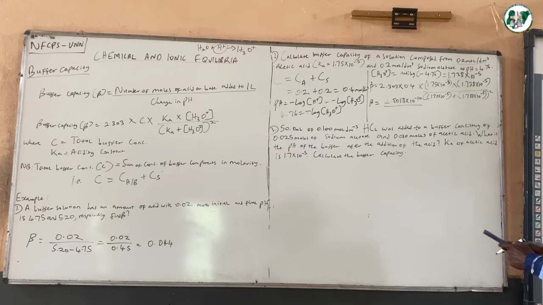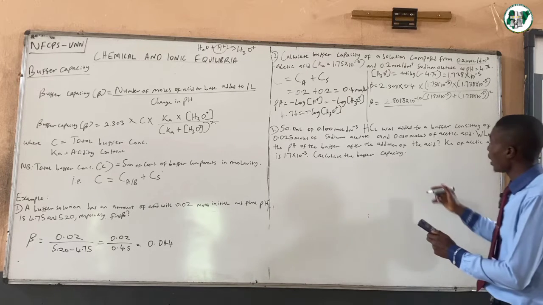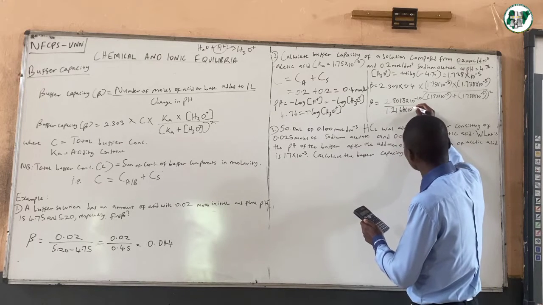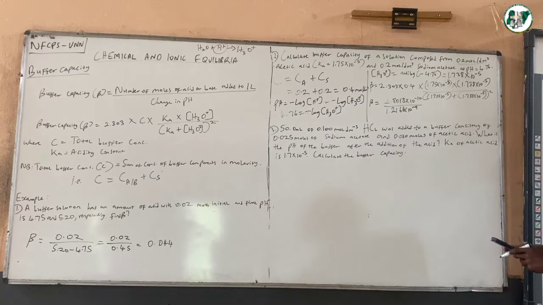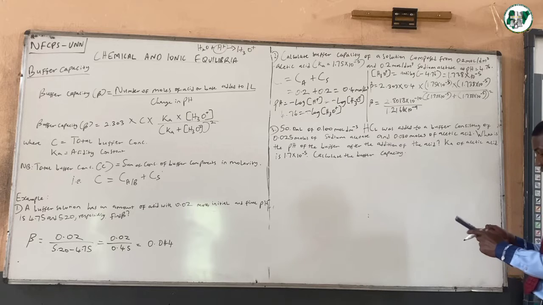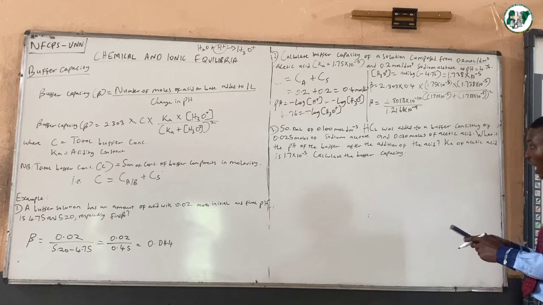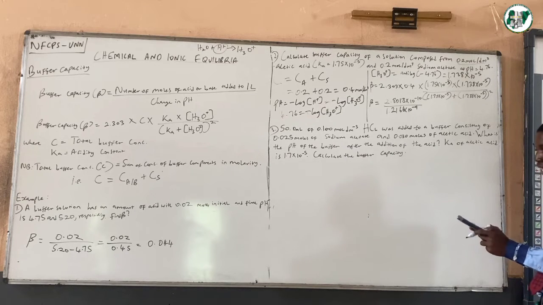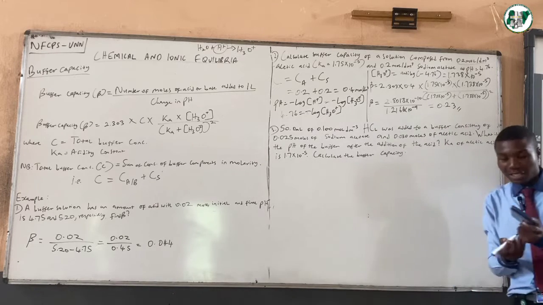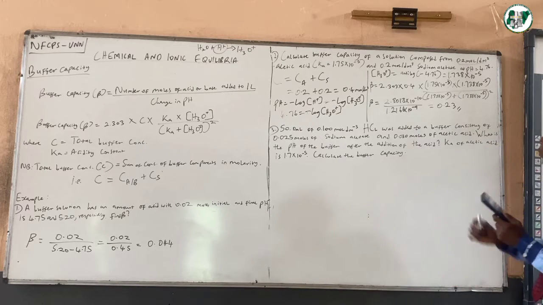We have 1.75 times 10 raised to the power of minus 5 plus 1.738 times 10 raised to the power of minus 5, and then we square that answer. That square is going to give us 1.2166 times 10 raised to the power of minus 9. So 2.8018 times 10 raised to the power of minus 10 divided by 1.2166 times 10 raised to the power of minus 9 is going to give us our final answer, which is 0.23. So our buffer capacity for this particular solution is 0.23.